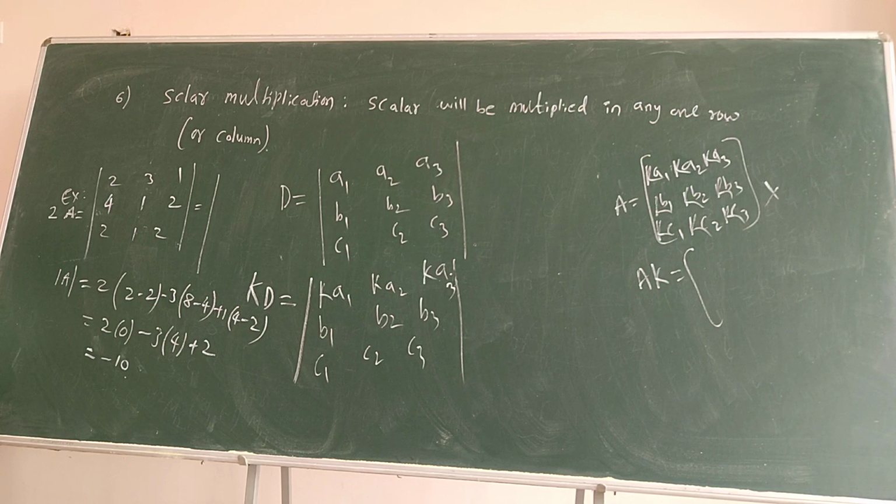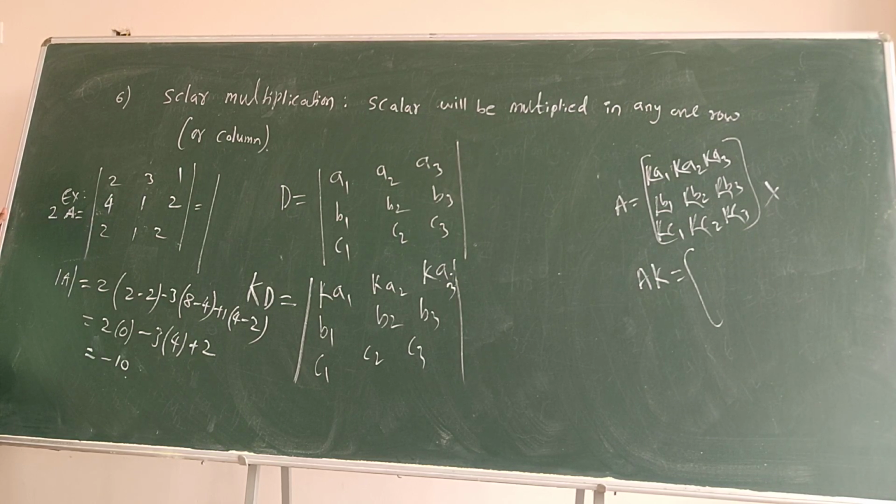Understood the difference? Now I took this as a matrix and got this determinant. Again I took this as a matrix, then multiplied with 2 as a matrix, and then if I find the determinant of that result, it is not okay.